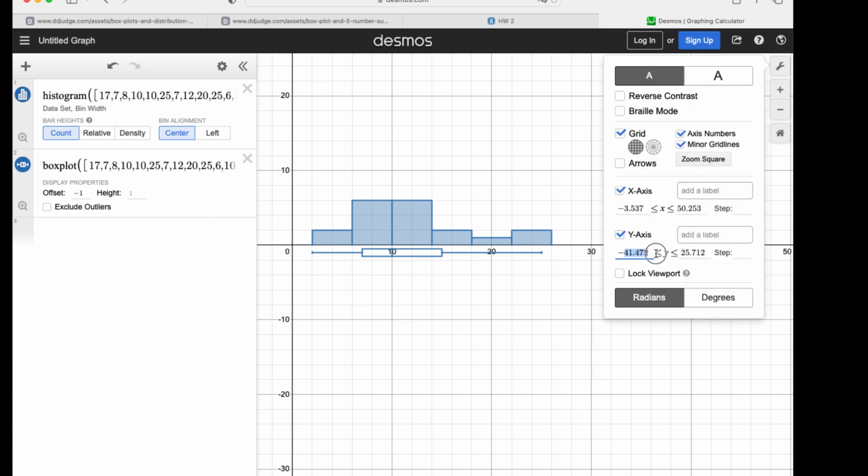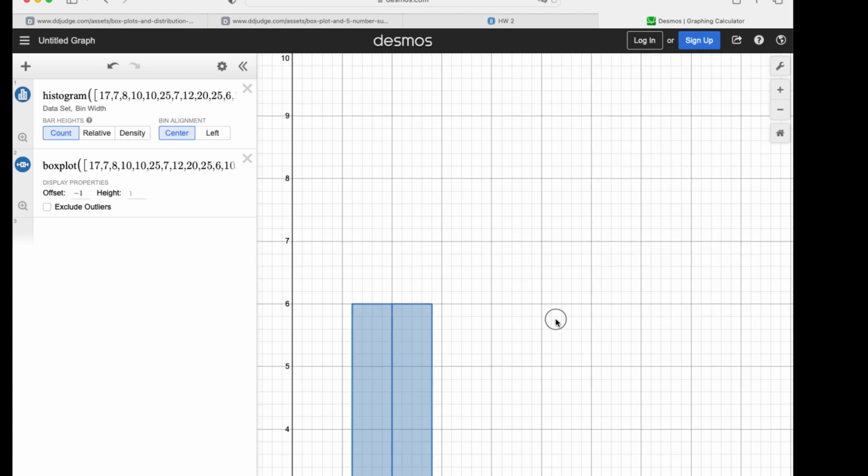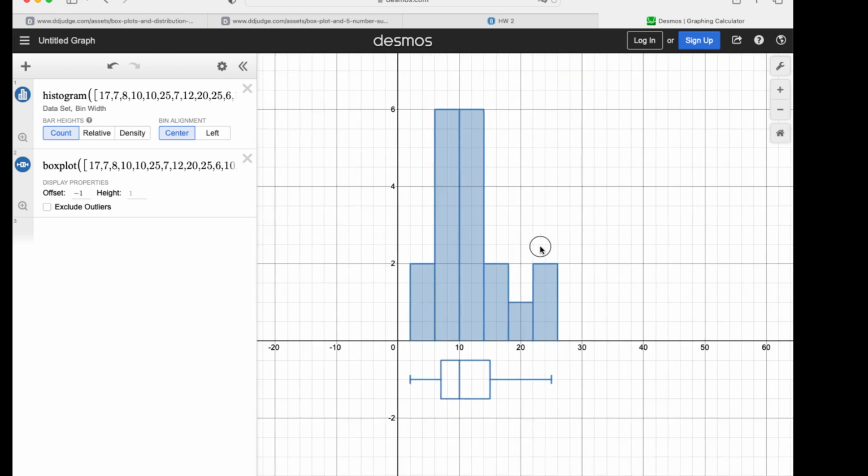The y values, that's to put like -2 up to 10. Maybe that will be a little bit better. All right, you guys can see that there? Okay, so we are looking at both of these things here.